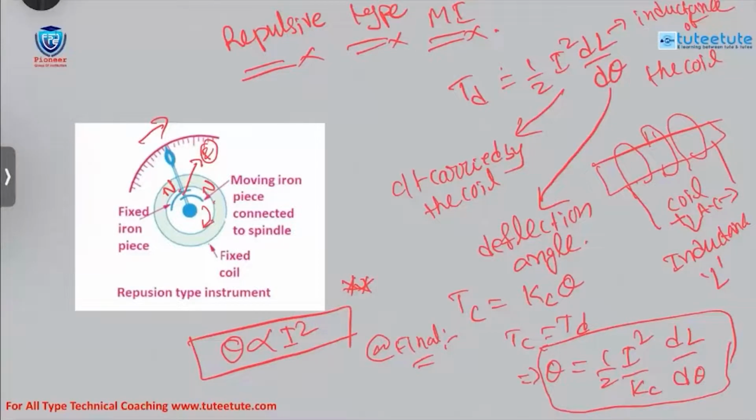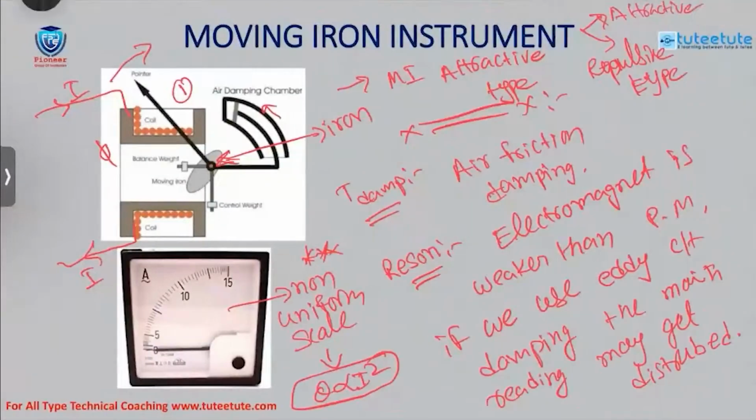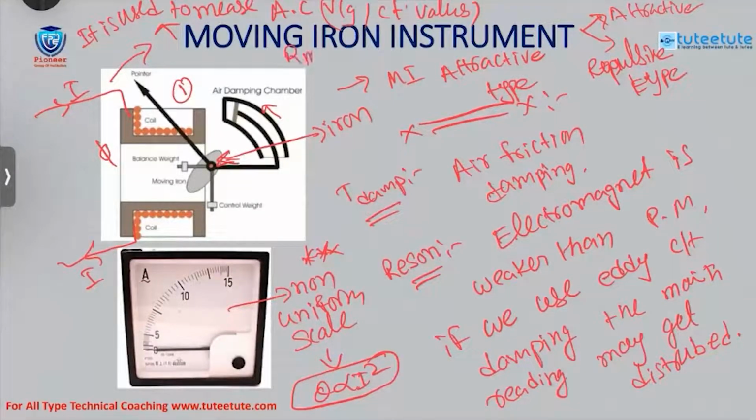Now we'll write some important facts related to the moving iron instrument. It is used to measure AC voltage or current values, which are also called RMS values.